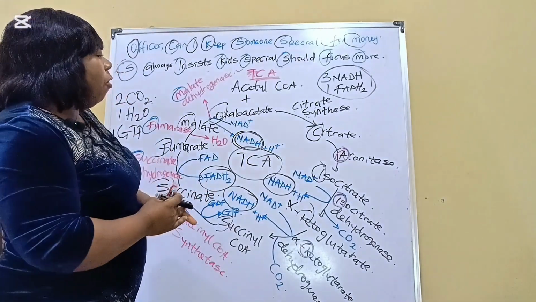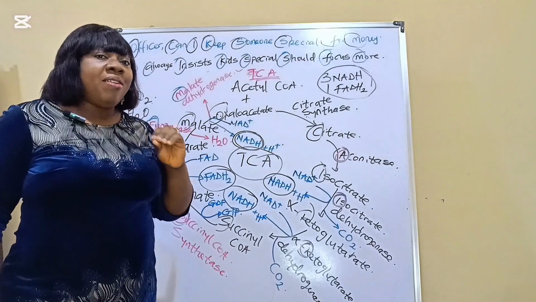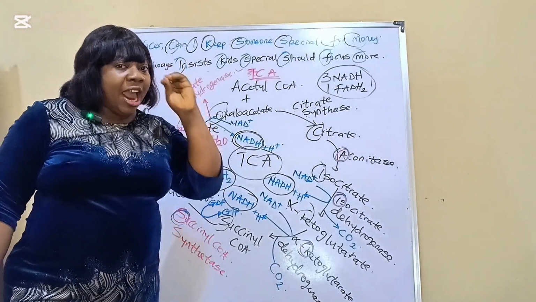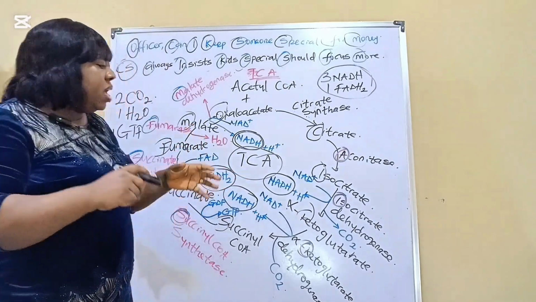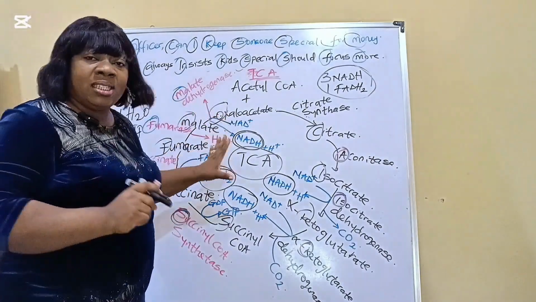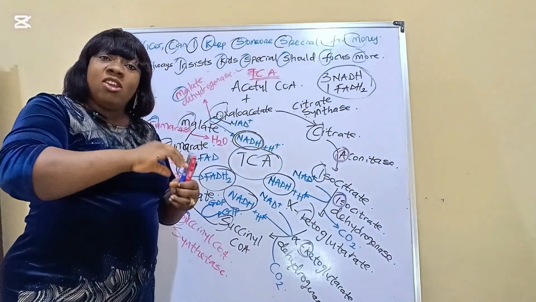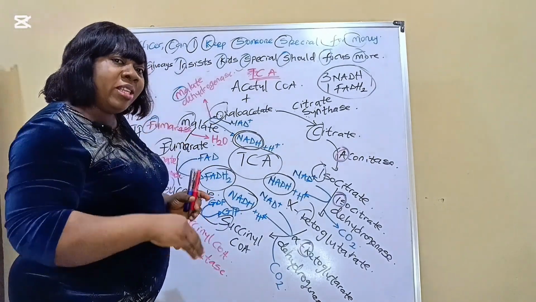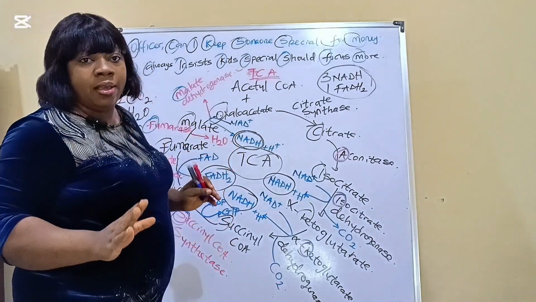And another thing for you to remember where all your electron carriers are: anywhere you see a dehydrogenase, be it malate dehydrogenase or the others, just for this pathway, bear it at the back of your mind that there is always production of electron carriers there.